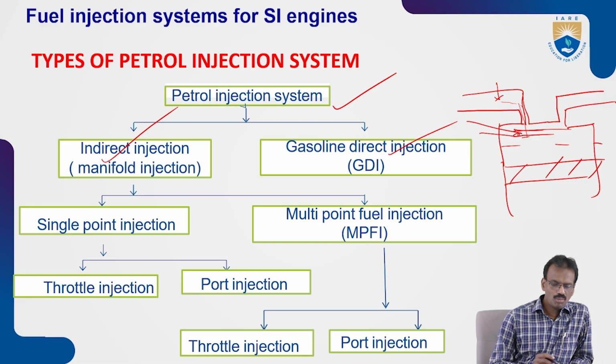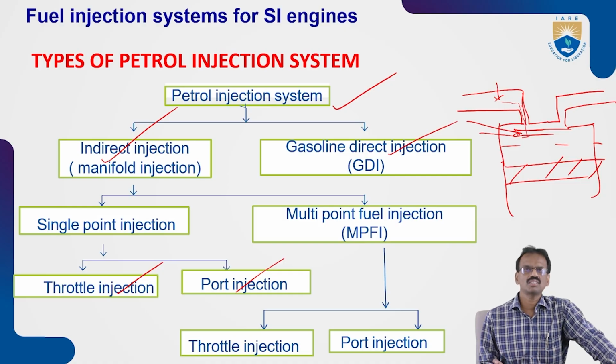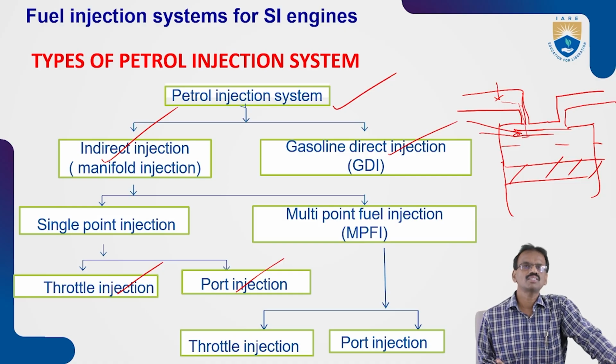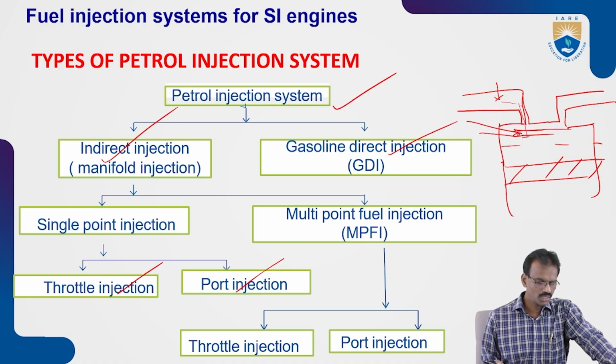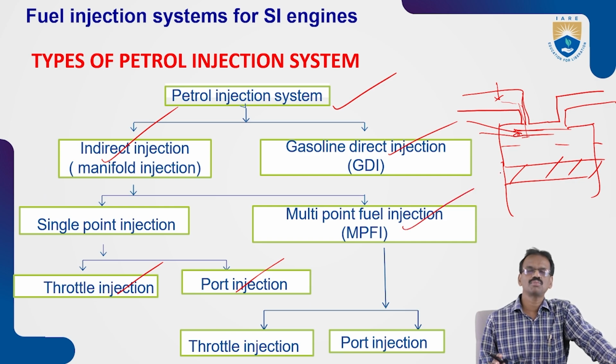Single point is also of two types: throttle injection and port injection. We'll see what the differences between these two injection systems are. Multi-point fuel injection is also of two types, the same: throttle injection and port injection. We'll see what the throttle injection system and port injection system are.